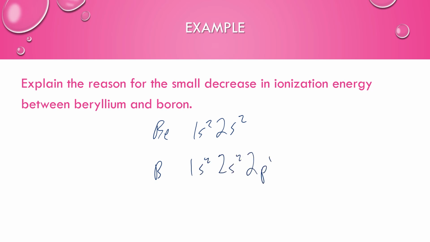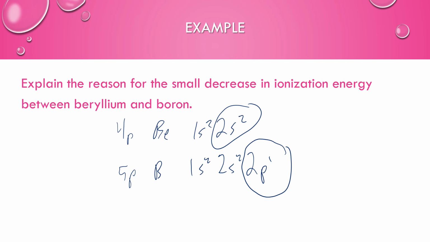Beryllium has 4 protons, boron has 5. You would typically expect boron to have the higher ionization energy because it has more protons. However, there's a slight decrease. Boron's actually a little bit lower, and that's because the electron being removed first is in the p sublevel, which has a slightly higher energy than the 2s sublevel.